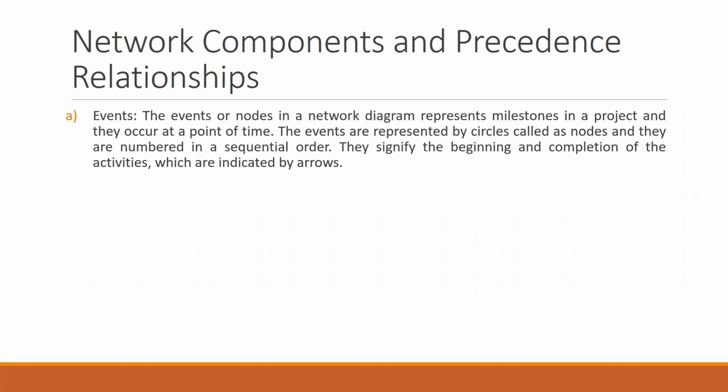For example, we have taken a few examples here, like fabrication of sub-assembly completion, or start of brochure printing. These are your events. In a network diagram it is represented like this, where the nodes are the circles given, node 1 and node 2. Node 1 is the beginning, or the start, of your event.